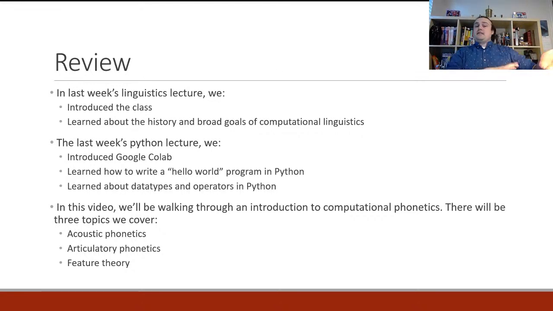Then we did a Python lecture last week, right? If you're not a Python expert quite yet, we went into Google Colab and introduced how that worked. We learned how to write a Hello World program in the programming language Python, which is what we're going to be using in this course. And we learned about data types and operators in Python.